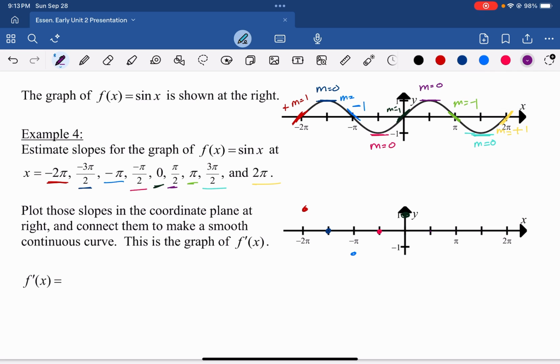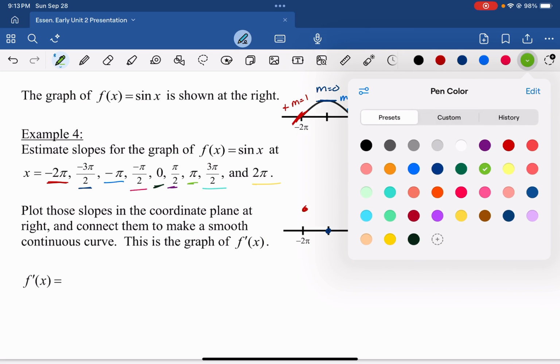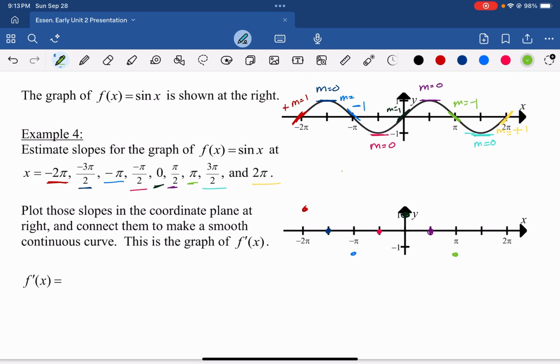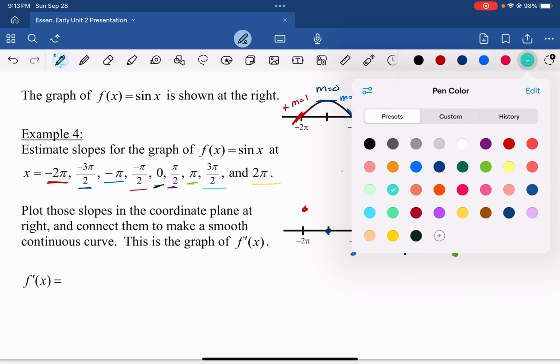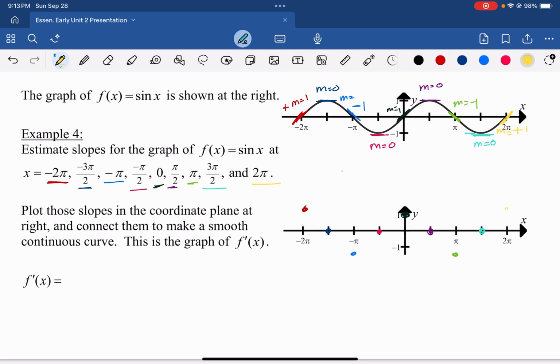At pi halves, our slope is 0. At pi, negative 1. Then 0, and then 1. Now I'm going to connect those dots. So this is my f prime of x curve.